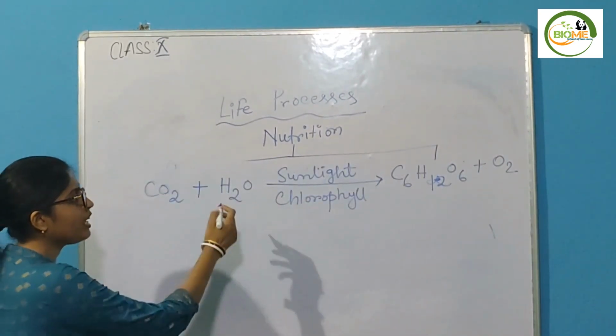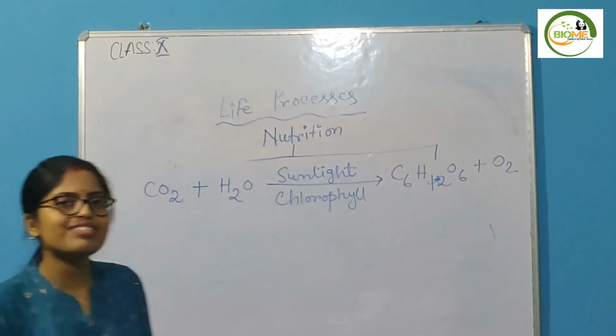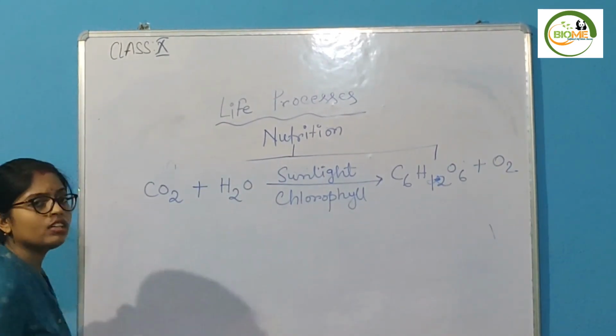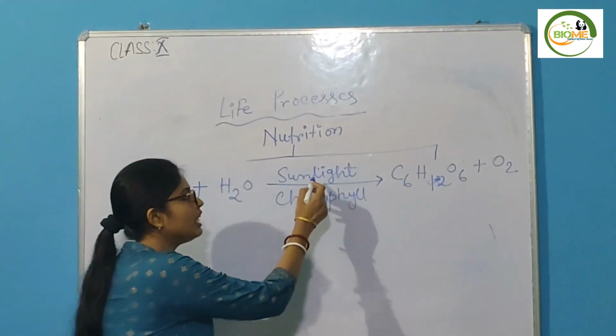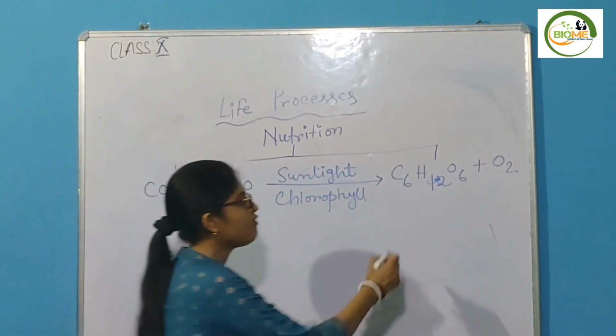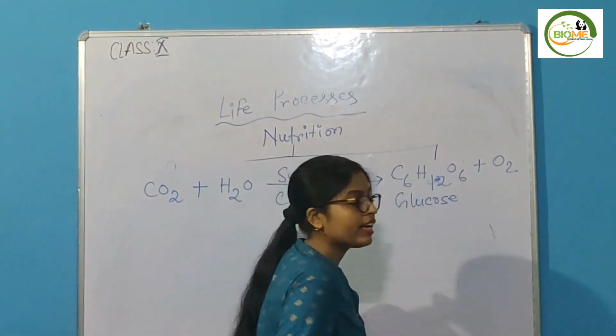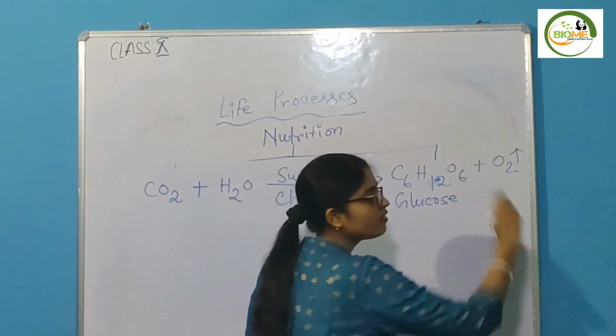So this is the chemical equation for photosynthesis. Carbon dioxide and water combine in the presence of sunlight and chlorophyll, form glucose and liberate oxygen.